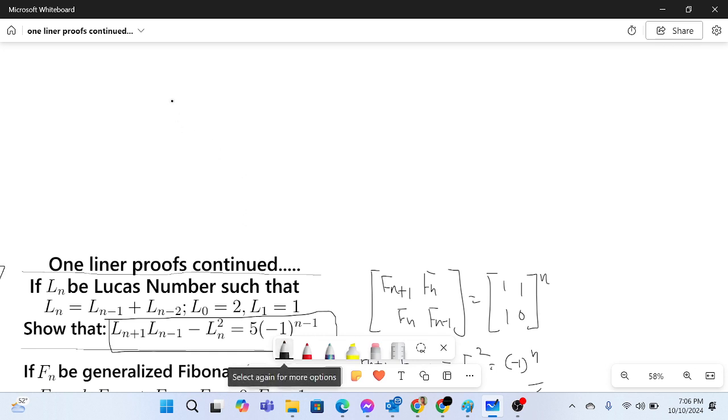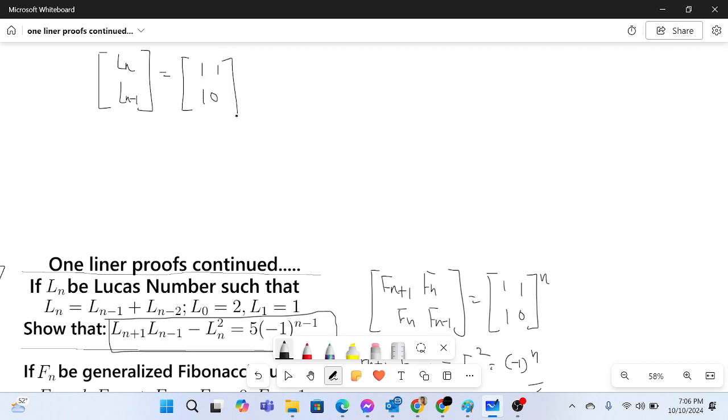Now, for Lucas numbers, I want you to understand these things. Now we know that for Lucas numbers, if I want, let's say, L_{n-1}, there will be the matrix 1 1 1 0 times the vector L_{n-1}, L_{n-2}. I think you understand this, right?